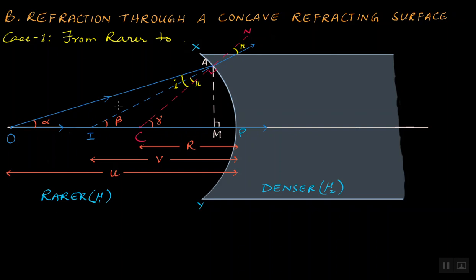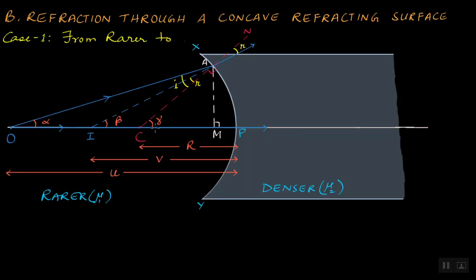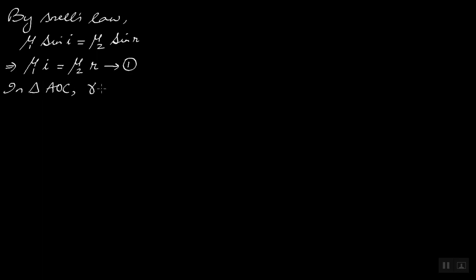So in triangle AOC, gamma is equal to I plus alpha. So this implies I is gamma minus alpha.